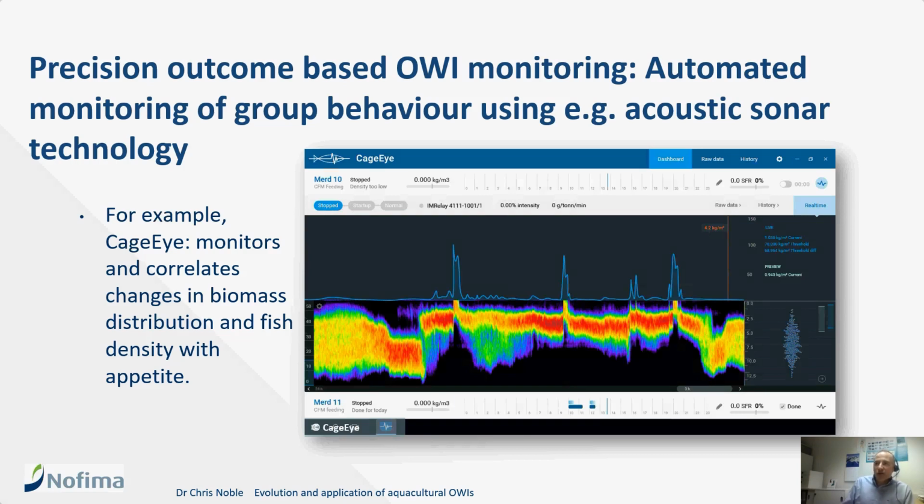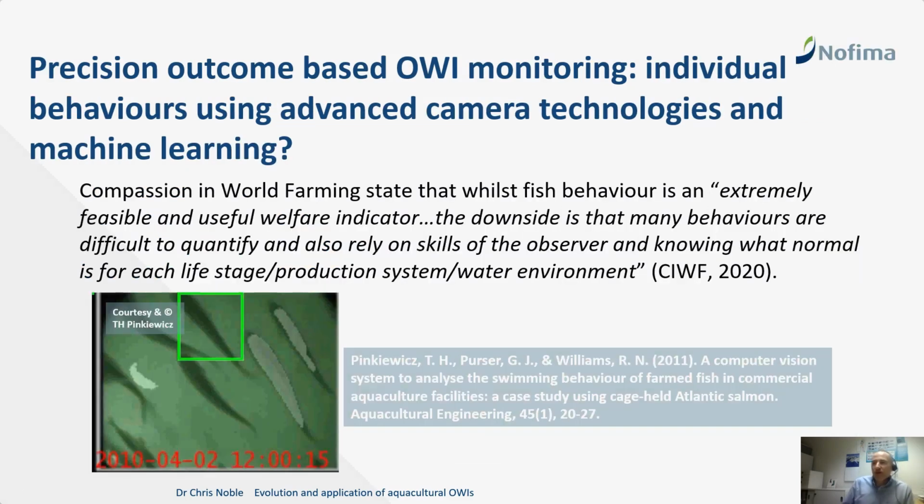When we move to outcome indicators, you've got automatic monitoring of group behavior using acoustic sonar technology. There's an example here from CageEye that correlates changes in biomass distribution and fish density with fish appetite. Another group level indicator that you can look at is behavior.